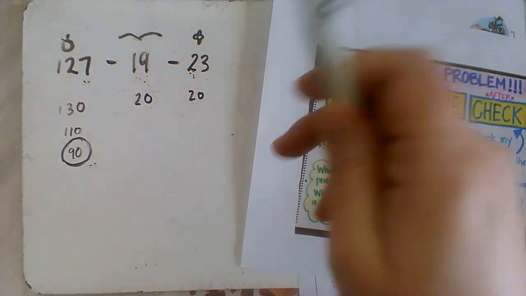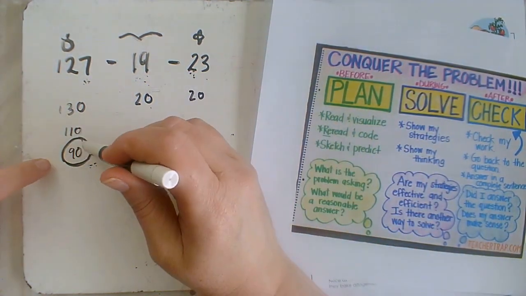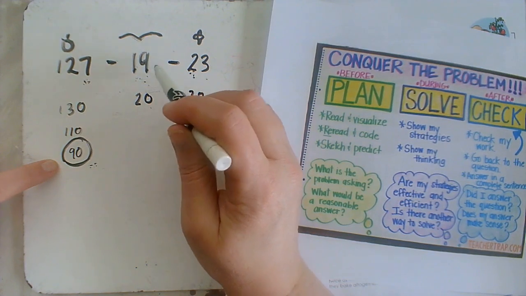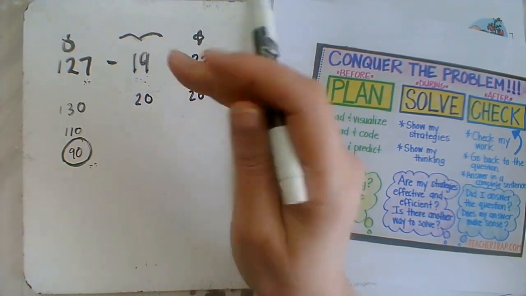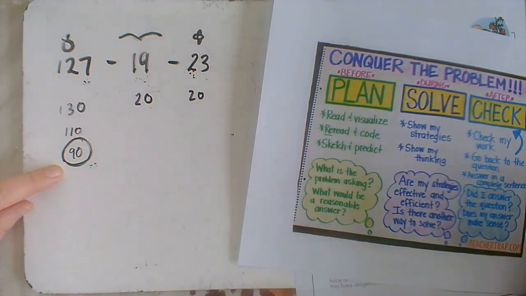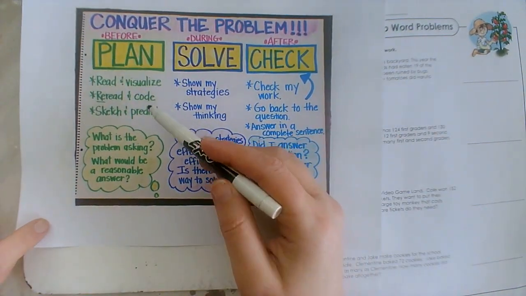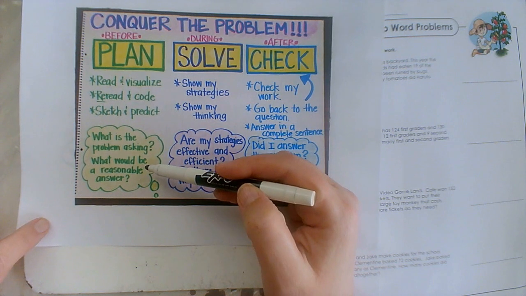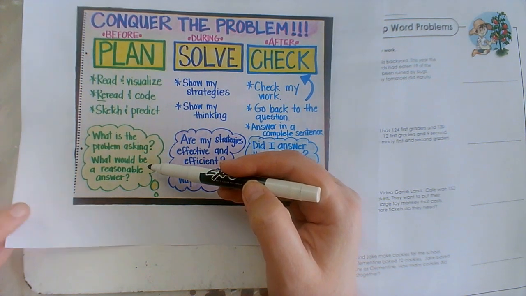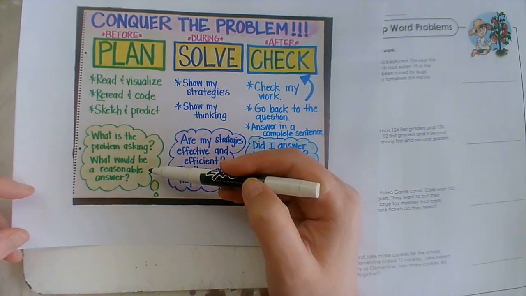So when I'm doing this step, I'm just really trying to make a quick little guess about how much there might be. Okay, so that's my plan. And now I feel pretty good about understanding this problem because I know I'm going to be doing some subtracting.